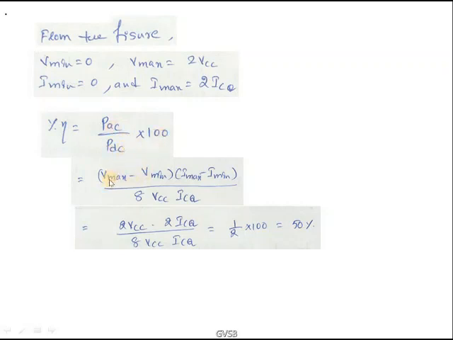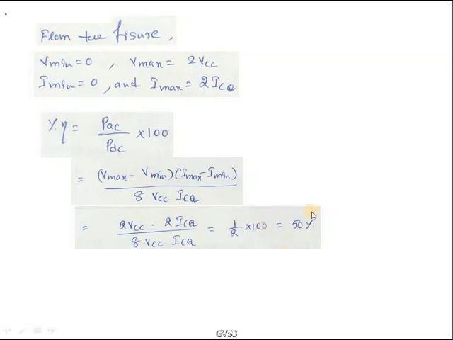Here PAC is equal to V max minus V min into I max minus I min by 8, and the DC power is equal to VCC into ICQ, which is already derived. Substituting these values from the figure, the equation simplifies to 1 by 2 into 100, that is equal to 50%.